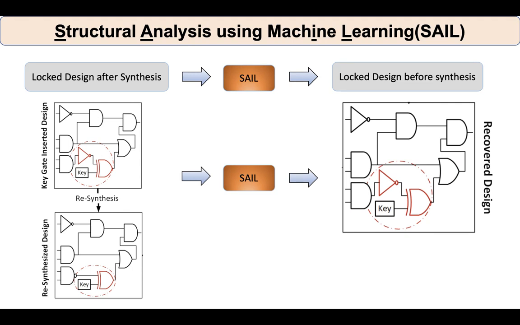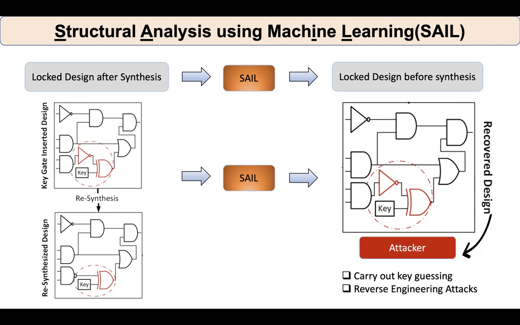Basically, we can call this a recovered graph from a synthesized locked graph. This pre-synthesis form actually paves the way for an attacker to carry out key guessing and also other reverse engineering attacks.